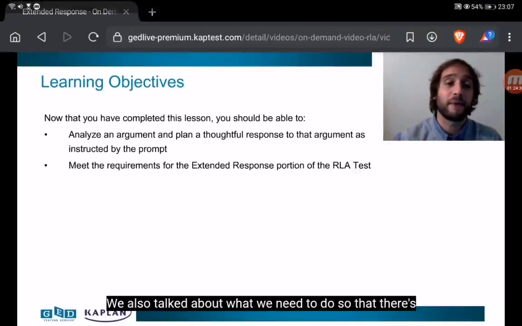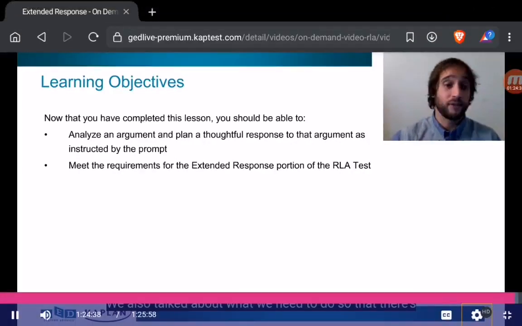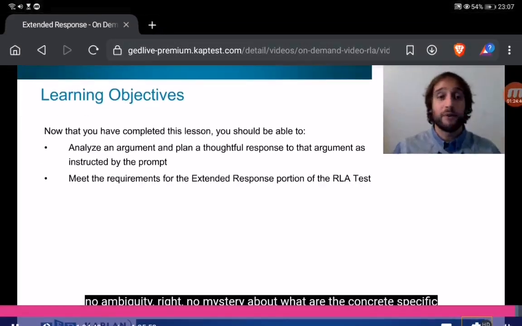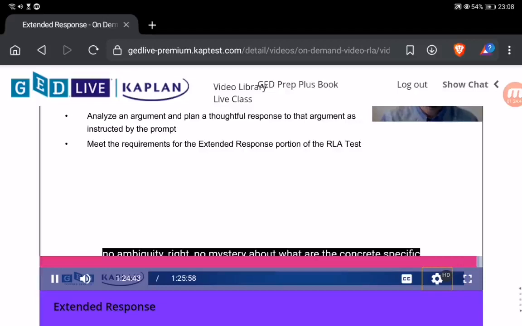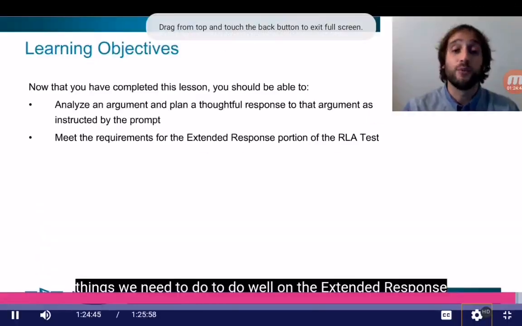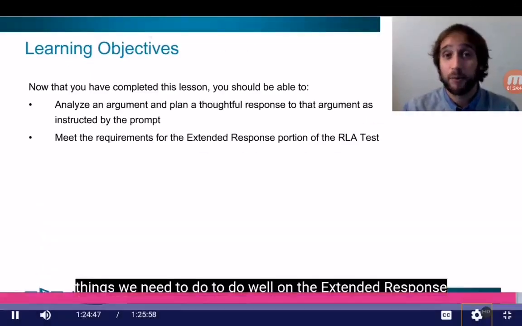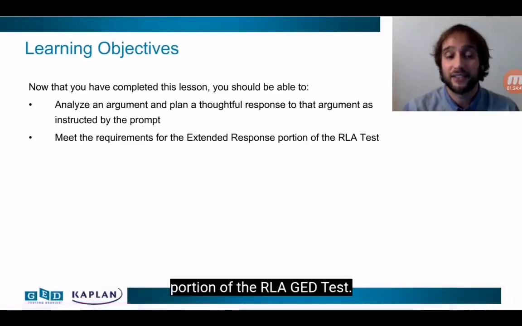We also talked about what we need to do so that there's no ambiguity, no mystery about the concrete, specific things we need to do well on the extended response portion of the RLA GED test.